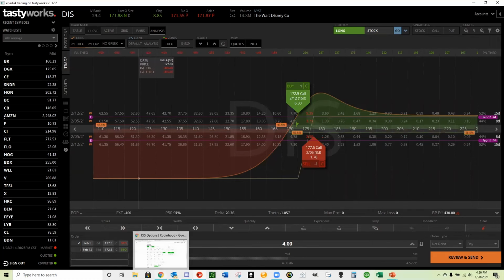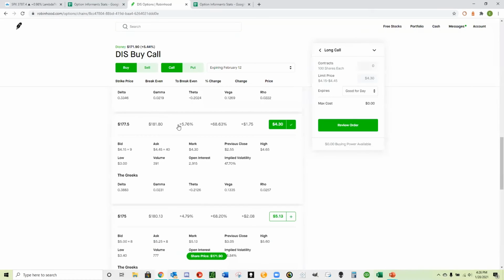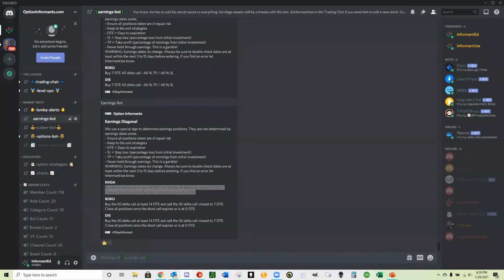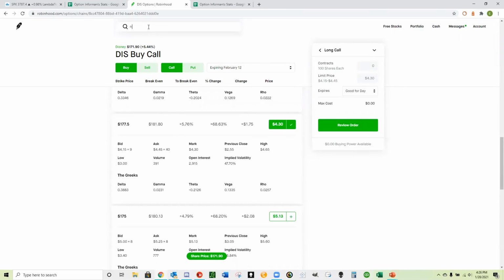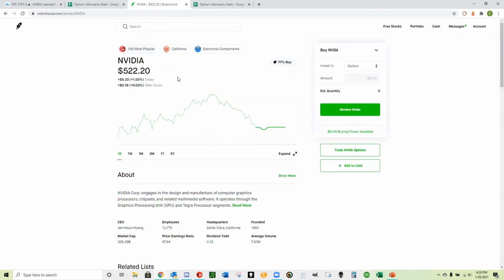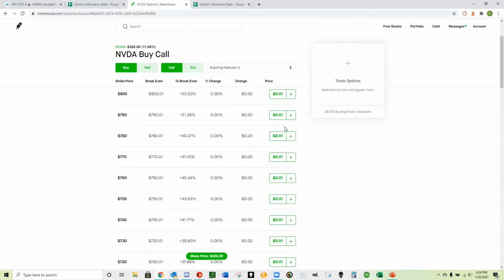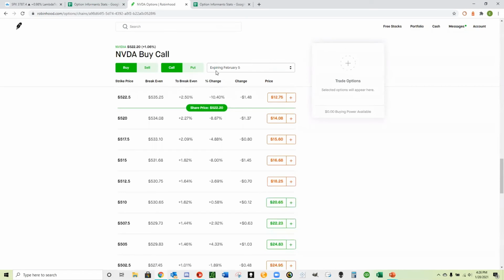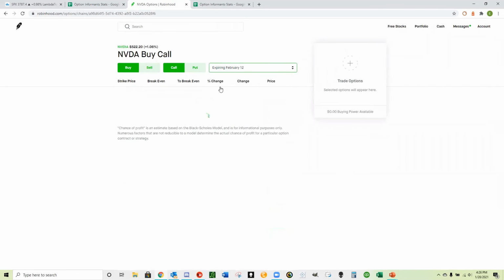Now, real quick on the Robinhood, yes, you guys can see it. Let's see here. What was the other ticker that was in here? I guess we can do NVIDIA again. So again, to execute this on Robinhood, same principle, right? You're looking for that 7 days.